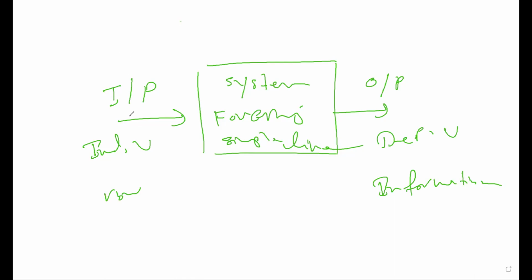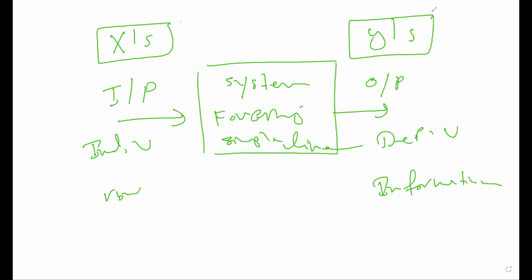So these values are x's, and these values are y's. X's means the independent variables, the array of independent variables. The y's means the dependent variables, the array of dependent variables.